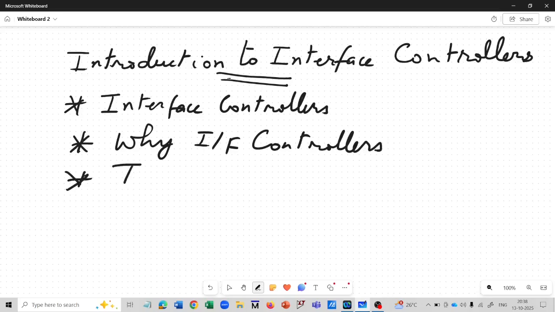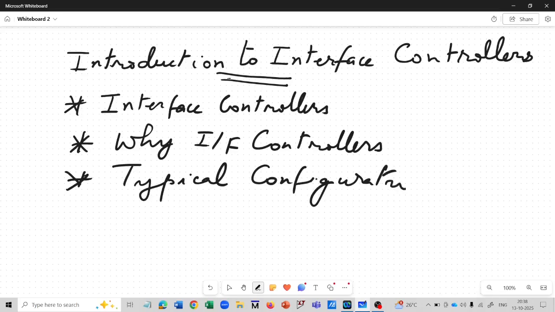And we'll also briefly look at a typical configuration of an interface controller which is based on a host processor interface.